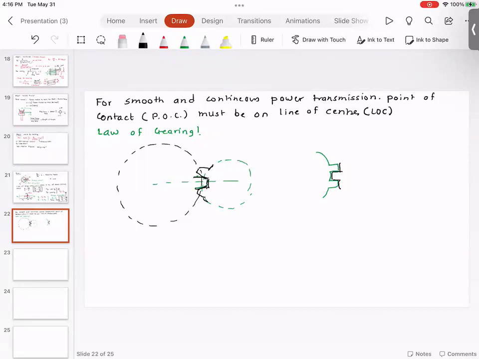If I have rectangular teeth on the gear and rectangular teeth on the pinion, do you think they would rotate or they would just get locked? They would get locked. Why? Because this rectangular shape does not satisfy the kinematic conditions for smooth engagement and disengagement.